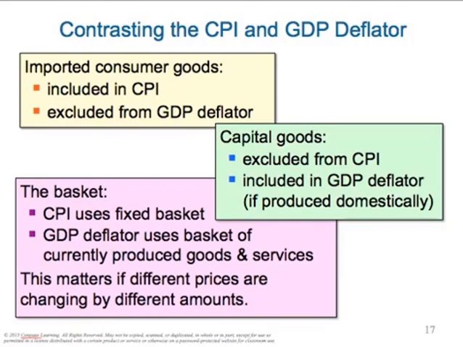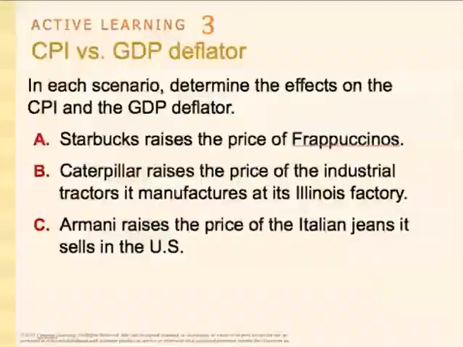Okay, things in the basket may change, and it won't change as quickly as you change what's in your basket. GDP deflator uses baskets of currently produced goods and services. Okay, it's a little more inclusive. This matters if different prices are changing by different amounts. Very dynamic situation, trying to take a static look.